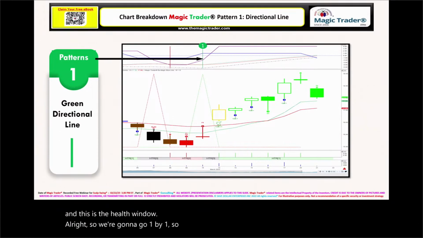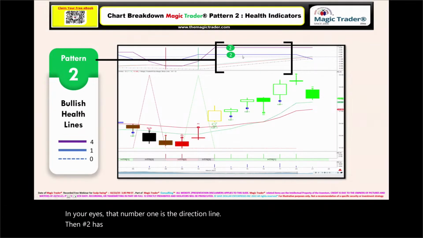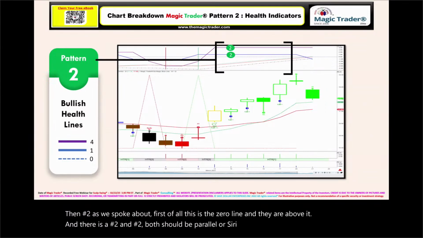So to register in your eyes, number 1 is the direction line. Then number 2, as we spoke about, first of all, this is the 0 line and they are above it. Number 2 and number 2, both should be parallel for the safest trade. No guarantee, but safest trade.